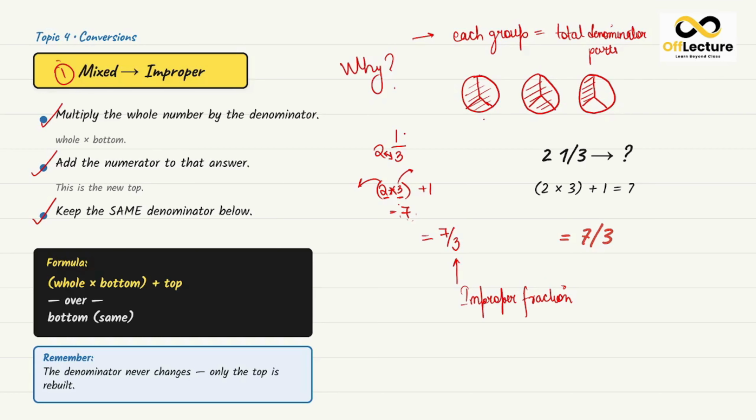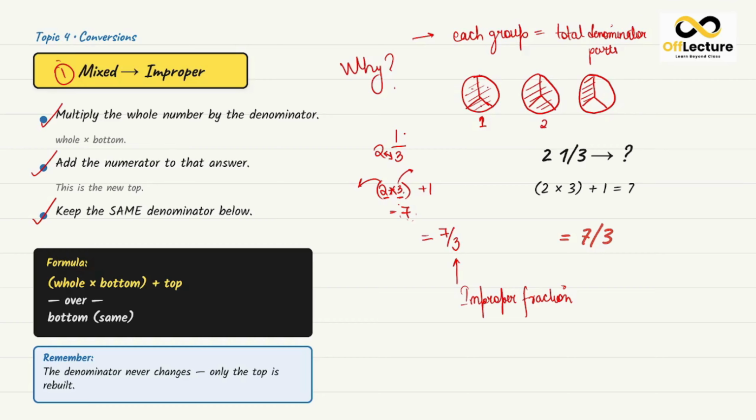If this is the first whole and this is the second whole, then in total we have 6 parts here. That's why we multiply 2 with 3, because every whole has 3 equal parts.